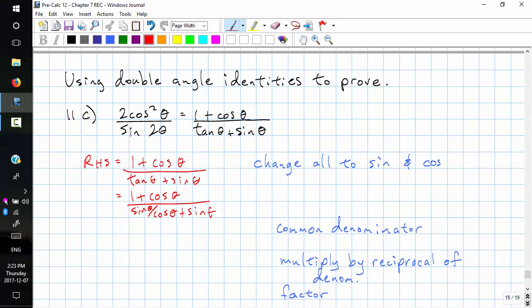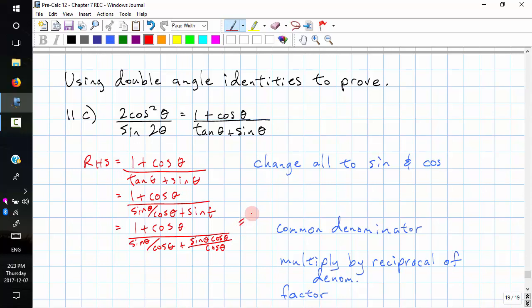We want a common denominator in the denominator. 1 plus cos theta over sine theta over cos theta plus sine theta cos theta over cos theta. And we want to simplify this.